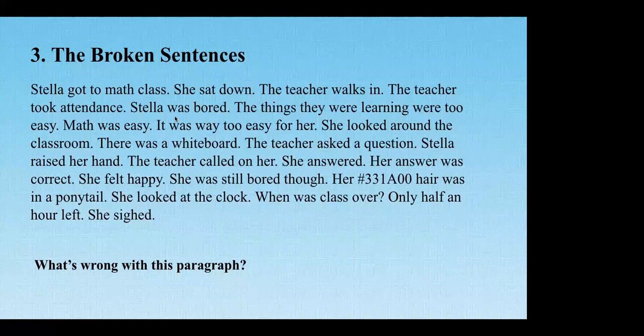And after that, you don't have to say her hair was in a ponytail. You don't need that. And you don't have to say she looked up at the clock. You can say when was class over, because we all know she's going to look at the clock. So all you have to say is, when is class over? Only half an hour left.